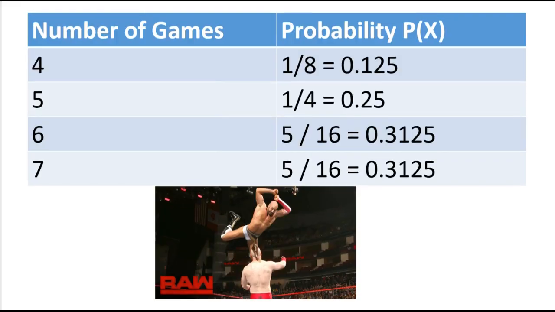In some sports, playoff championships are decided by the best of 7 series, in which the team that is the first to get 4 victories wins the series. Let capital X represent the number of games needed to determine a winner in a best of 7 series. The probability distribution is given here. So notice here we're going to play up to 7 games, and the team to win 4 games first will be the winner.